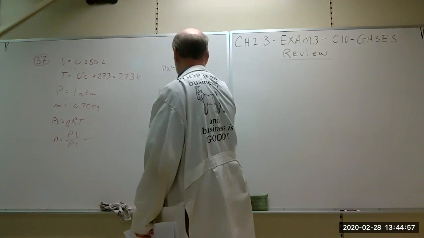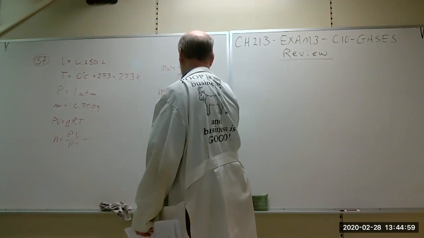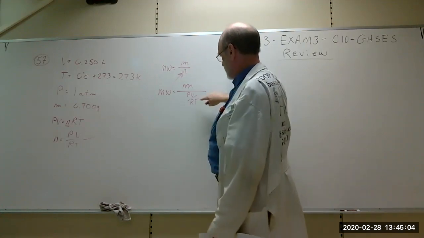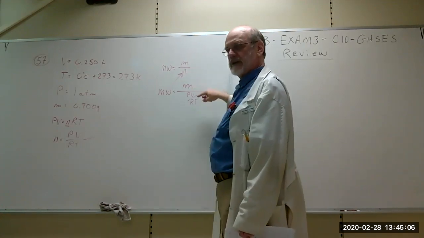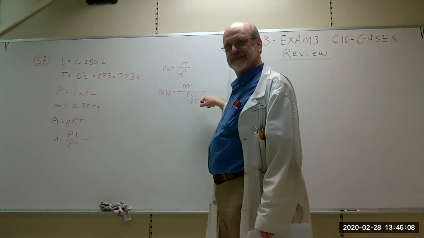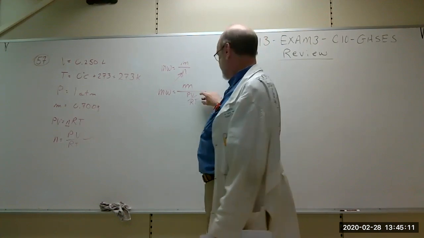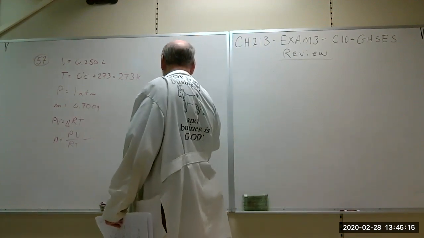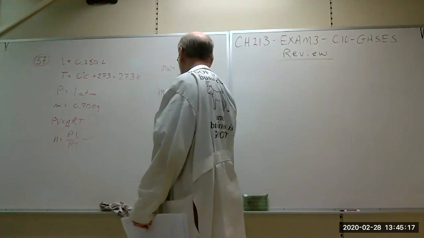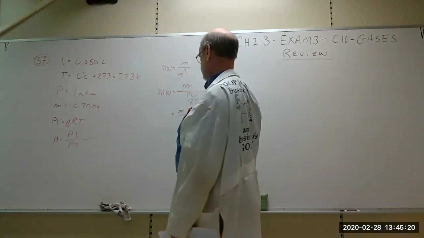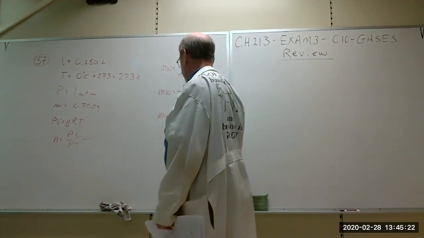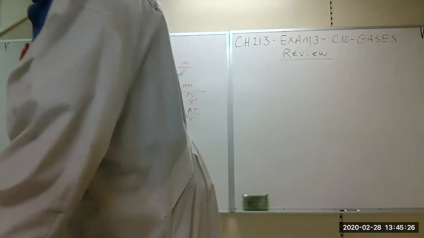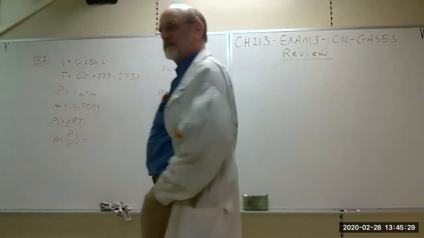Divided by PV over RT. And then the denominator of the denominator is the numerator. Remember that one? That flips. So now we've got mRT over P. That is the molar mass. Just algebra.